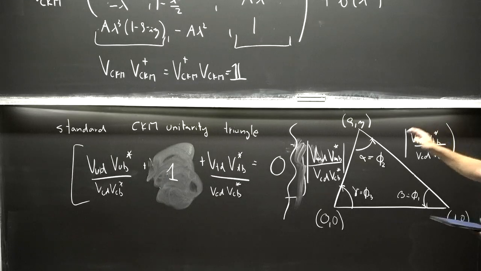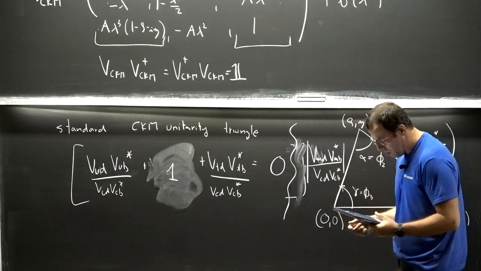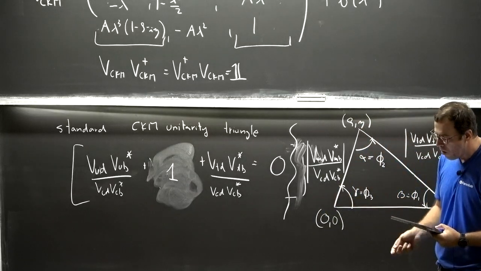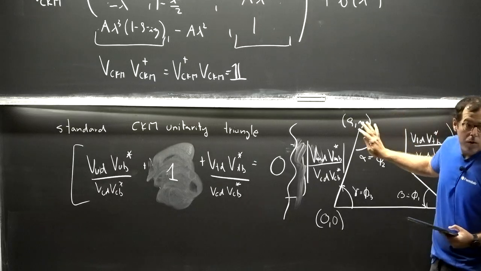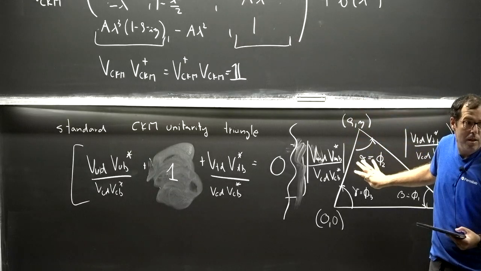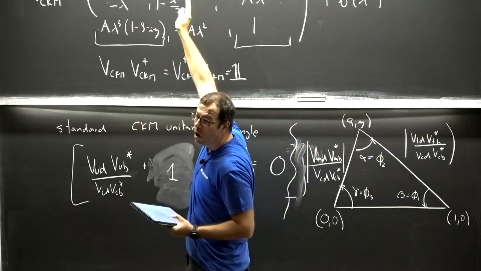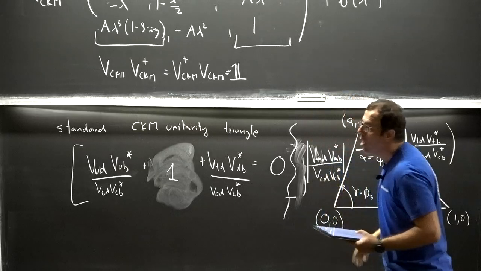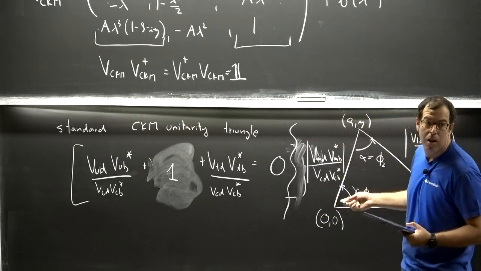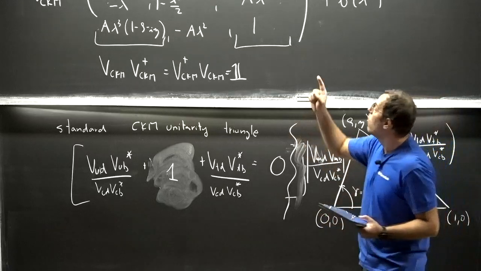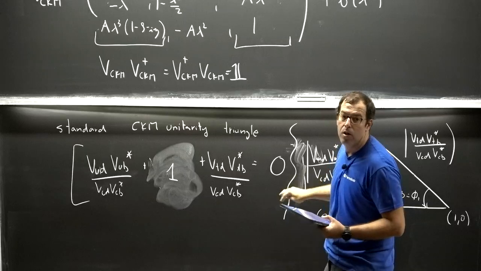This was in the era of B factories, so maybe this is more historic than anything else. Not all of the constraints will map onto this triangle. If you're measuring something that has to do with the second column, of course, it's not going to appear here. But many of the constraints that we're interested in, the ones that will tell me whether or not I have CP violation, do appear on this triangle. So that's why this is useful.